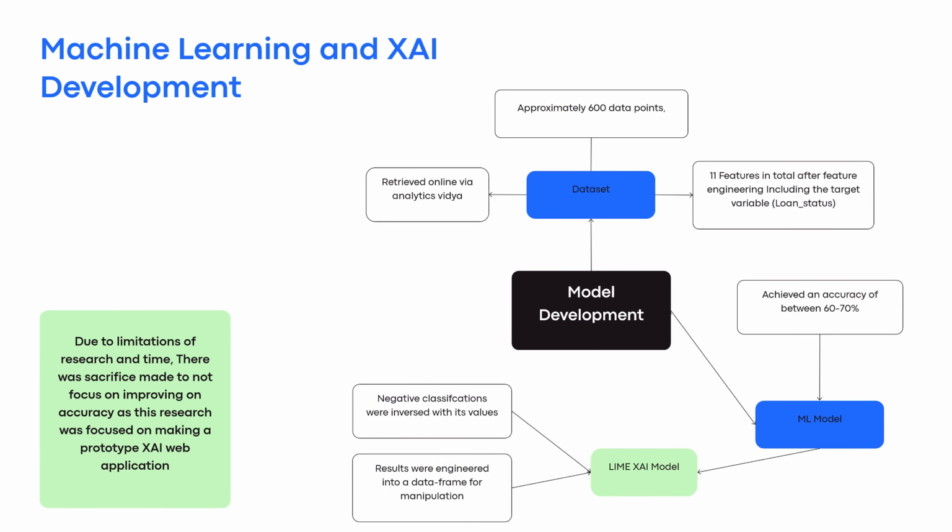So for my machine learning and explainable artificial intelligence development, this was just the back end of my web application. This is the final model that I utilized. The dataset I used was from Analytics Vidhya, which had approximately 600 data points and 11 features, including the target variable.